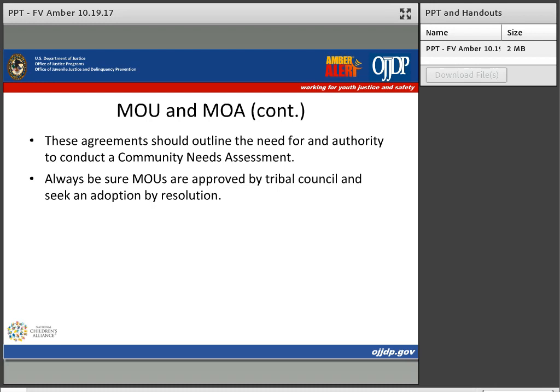I've been involved in programs before that maybe have found a strong voice in the community, maybe a law enforcement official who has said, yeah, we want to do this in our community, and they start a program, but it's without approval of tribal government, and the program falters, gets shut down, or otherwise doesn't succeed. So we enter into agreements before we start this process.